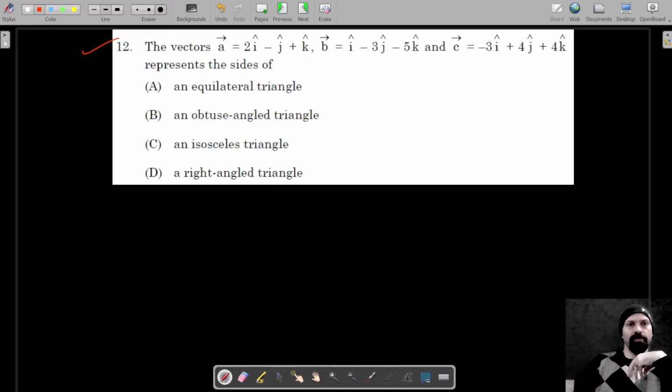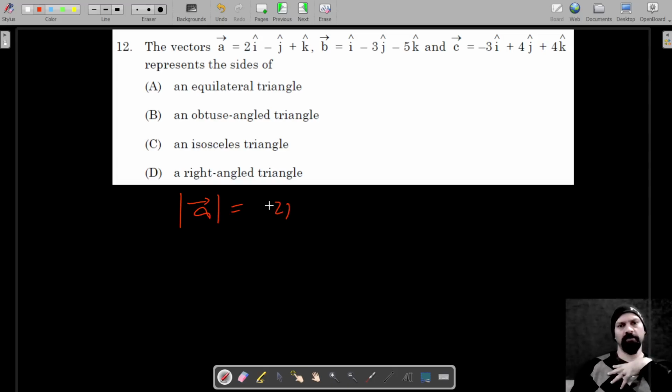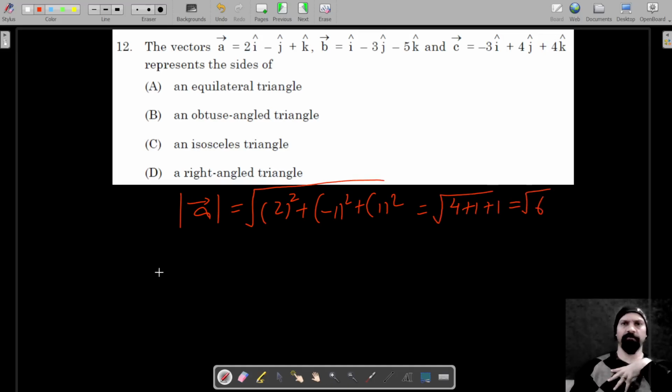So for question number 12, the vectors A, B, and C are given, and we have to show whether these are the sides of an equilateral, obtuse angle triangle, isosceles, or right angle triangle. So let's try to find out the magnitude of these. Magnitude of A is the square root of the sum of the squares of the scalar components: negative 1 square plus 1 square under root, which gives us 4 plus 1, equal to under root 6.